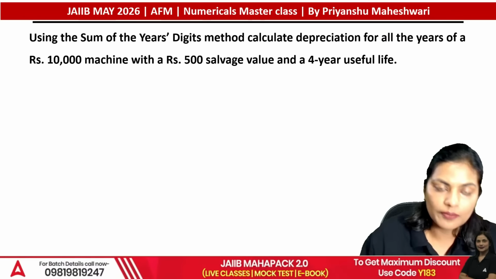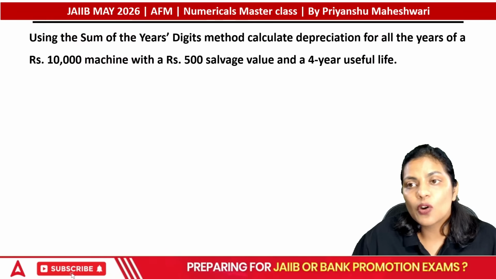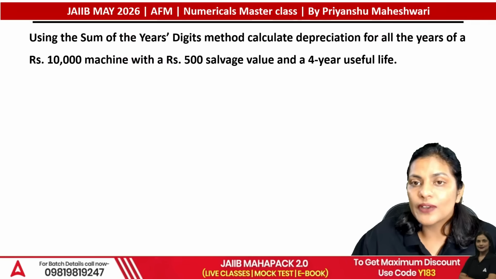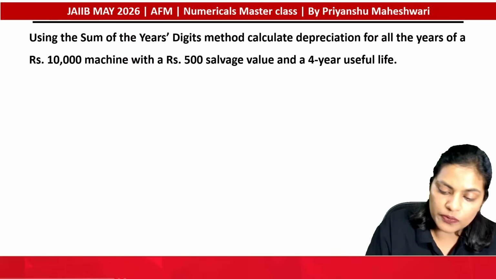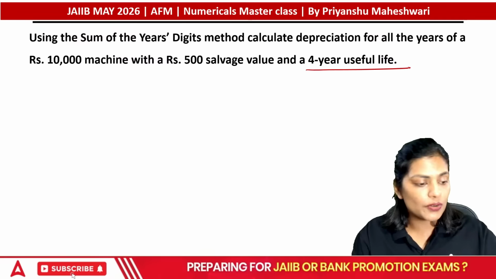Kitna produce kara hai. Then, using the sum of the year digit method, calculate depreciation for all the years of a rupees 10,000 machine with a rupees 500 salvage value and a 4-year useful life. Now, 4-year useful life means, and all of you are aware that we have a marathon class today evening 6.